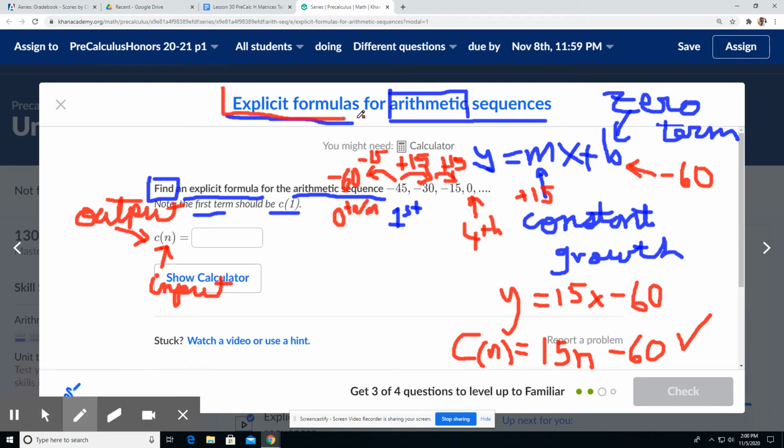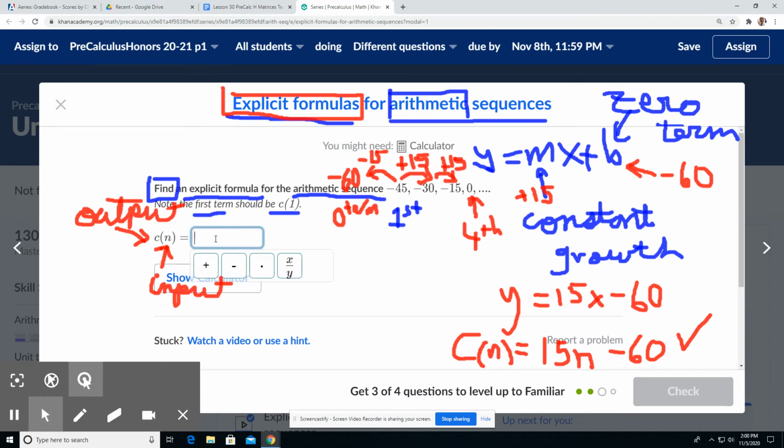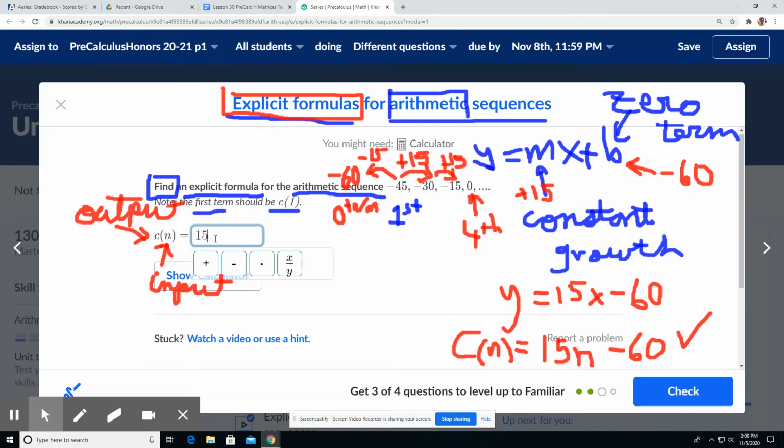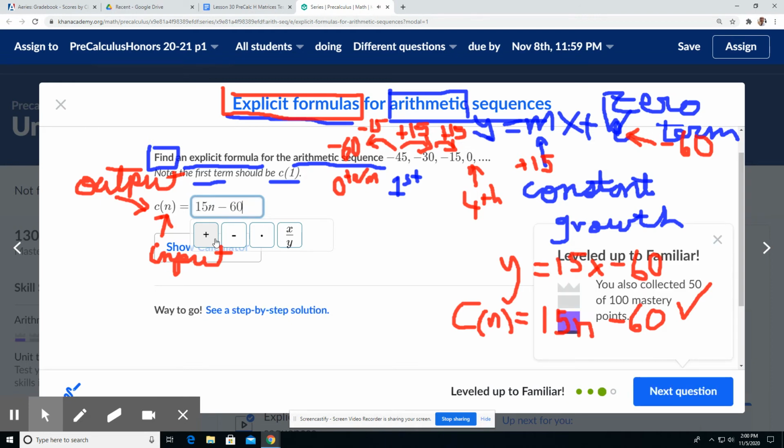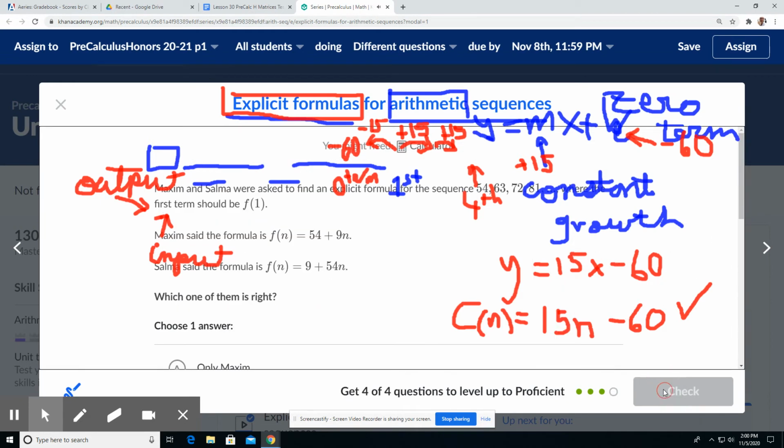Explicit just means, like I said, you can find the term at any place given the term number, which is different than the recursive formula because it repeats upon itself and you need other values. All right, so it should be 15n minus 60. Got it. See if the next one's any different.